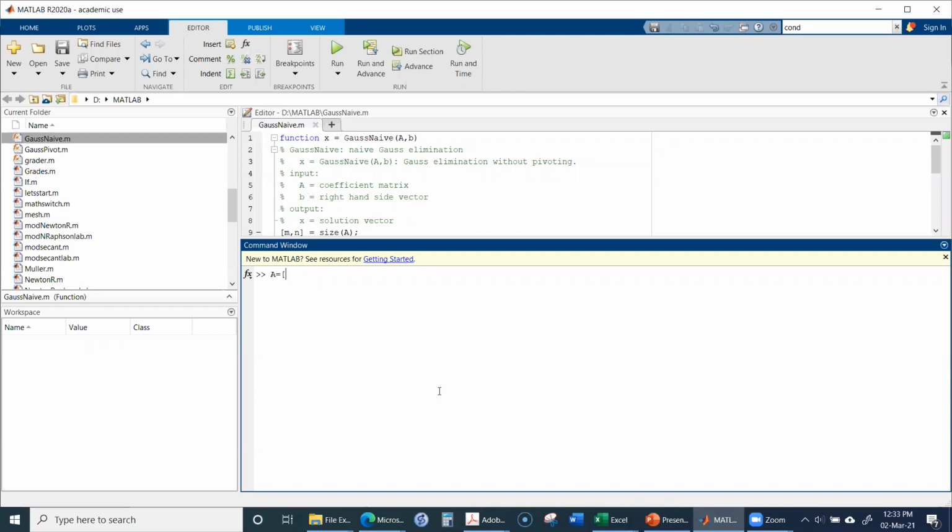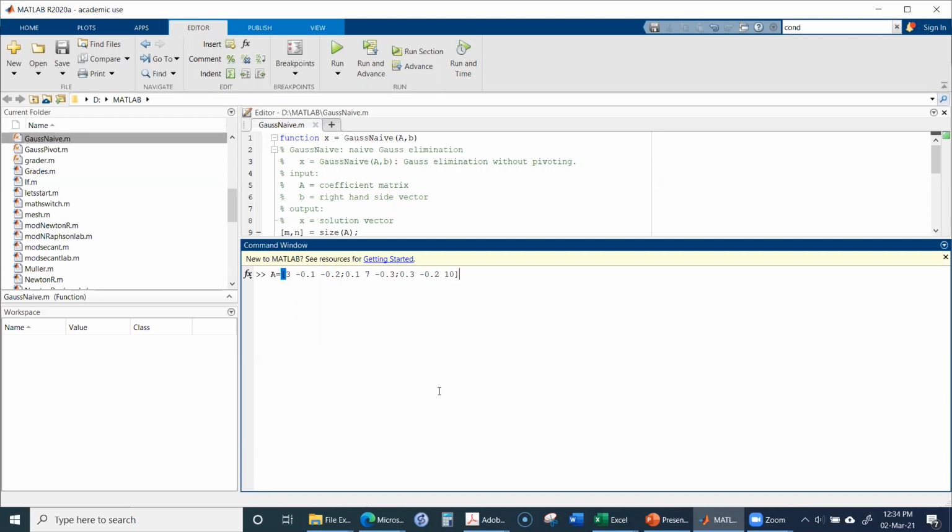So let's define the A matrix. 3, minus 0.1, minus 0.2, and then semicolon, 0.1, 7, and minus 0.3, semicolon, and 0.3, minus 0.2, and 10.